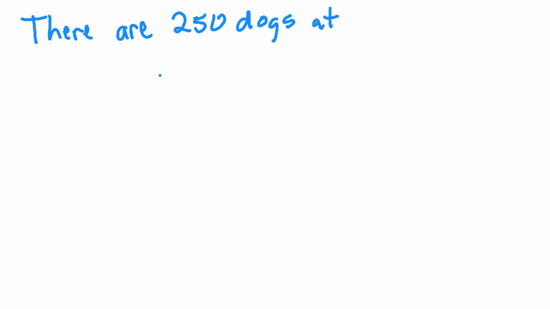Okay, so for an example, and this will be my last example, but suppose there are 250 dogs at a dog show. Okay, so that's the population. And it doesn't say anything about it being normal.